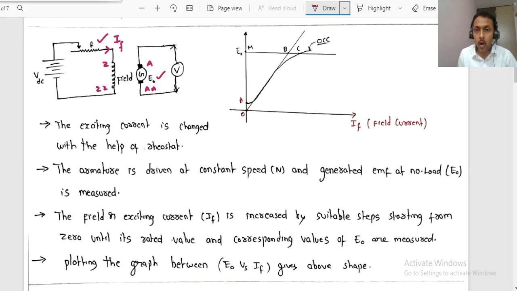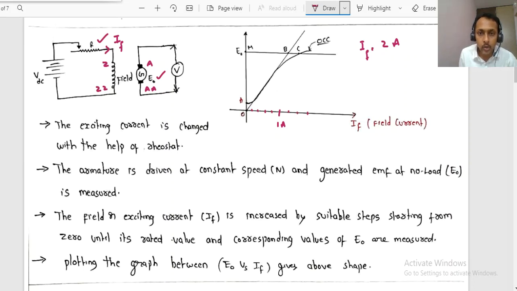Now, if you plot the graph for different values of field current, for example, if the machine's rated field current is 2 amps, let it be at different values, 0.2, 0.4, 0.6, 0.8, at 1 amp, and at 1.2, 1.4, 1.6, like this up to 2 amps.